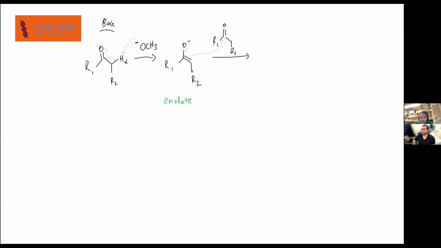So the carbon can't have that many bonds. Is it going to create a negative charge on that carbon closer to the R2 end? Yeah, I guess I skipped a step here, so let me put that in.